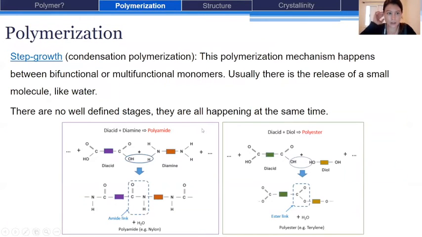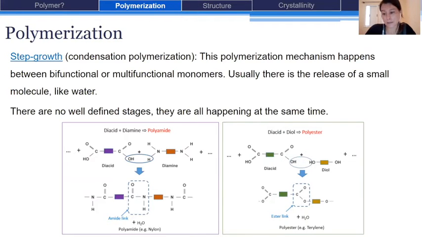So we presented chain growth polymerization, and the second polymerization technique is step growth polymerization, which is also called condensation polymerization. This polymerization mechanism happens between bifunctional or multifunctional monomers. So what does it mean, bifunctional or multifunctional monomers? It is monomers that possess two or more reactive functional groups.